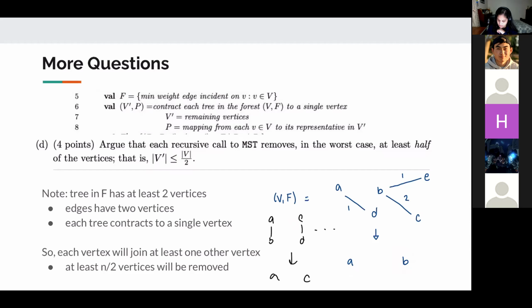So then there are now half the vertices in our contracted version. Does that make more sense?